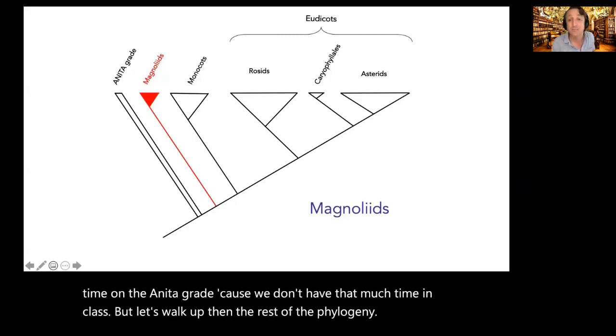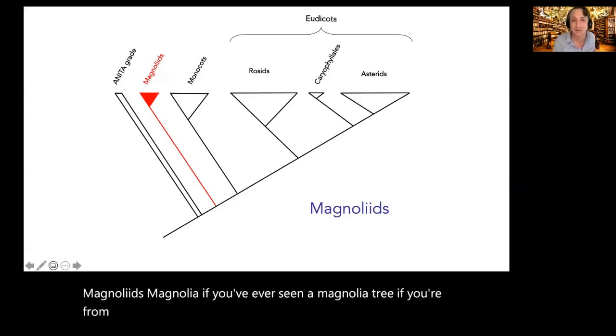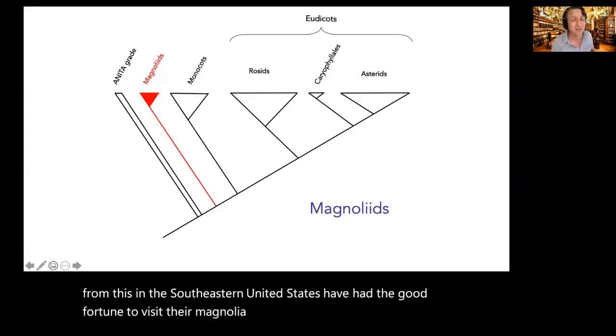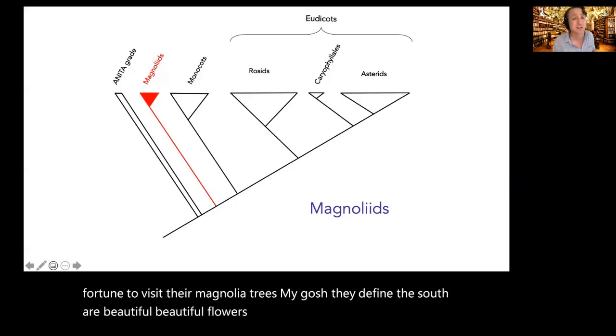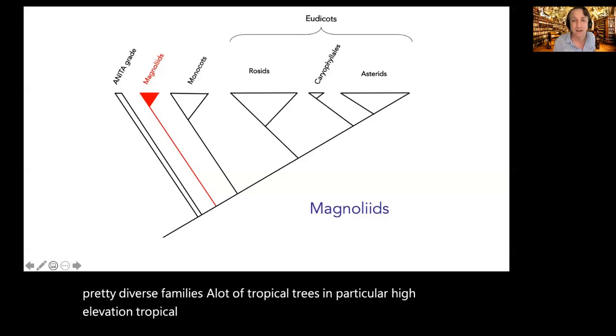Magnoliids. Magnolia, if you've ever seen a magnolia tree, if you're from the southeastern United States or have had the good fortune to visit there, magnolia trees, oh my gosh, they define the South. They're beautiful flowers. And they actually consist of pretty diverse families. A lot of tropical trees, in particular high elevation tropical trees, are magnoliids.